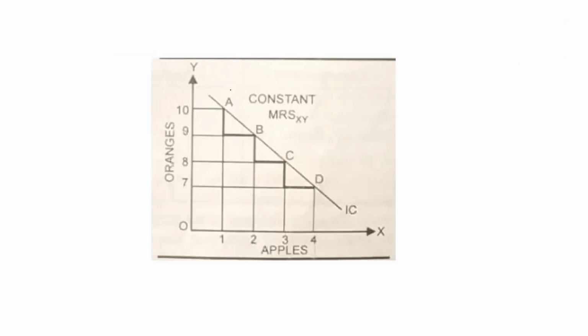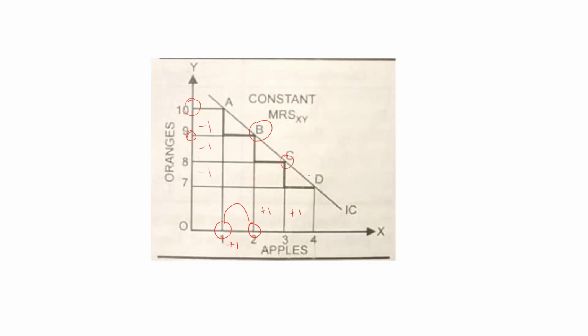Here you can see that in combination A, the consumer is consuming 1 unit of X and 10 units of Y. When he increases his consumption to 2, that means he is increasing by 1 unit of apples, then he is decreasing 1 unit for Y. So this is combination B. In this way, if he is increasing by 1 unit only, then he is decreasing the consumption of the second commodity by 1 unit only.